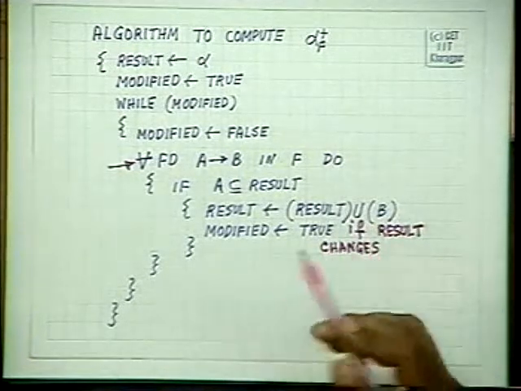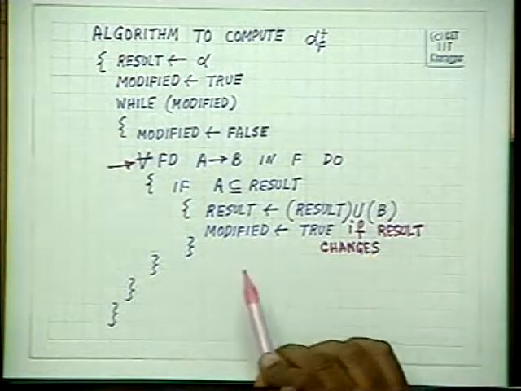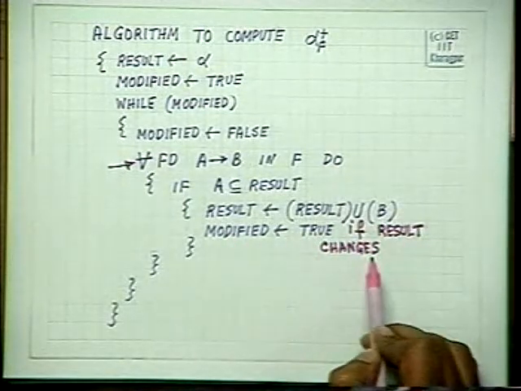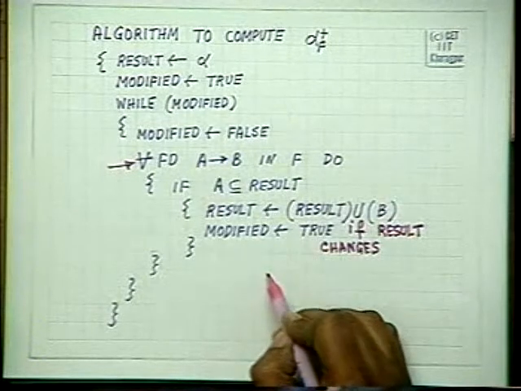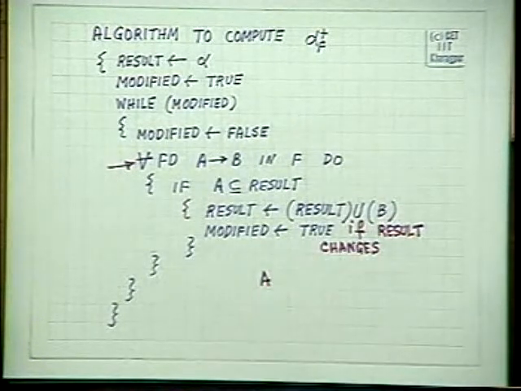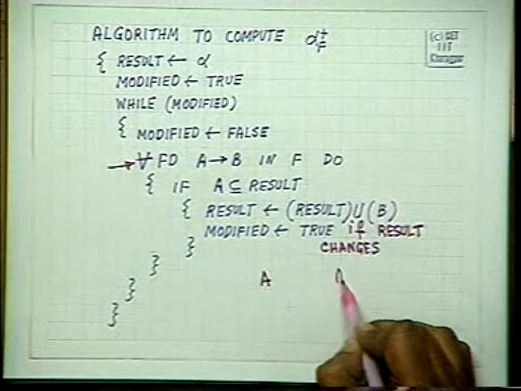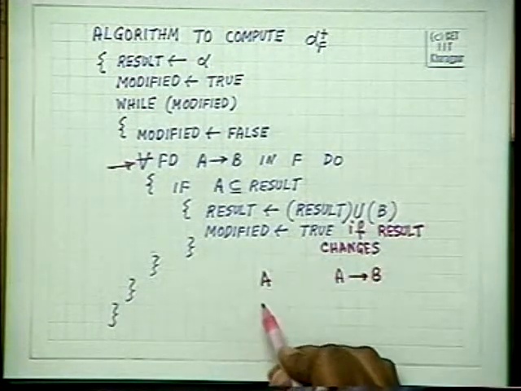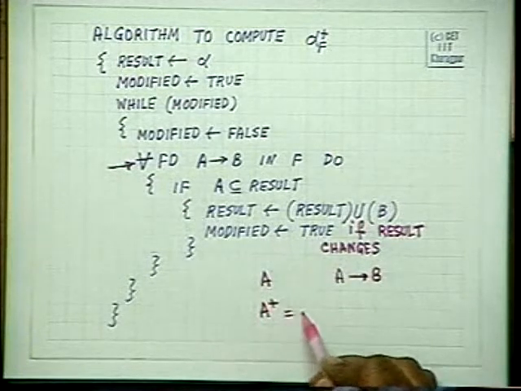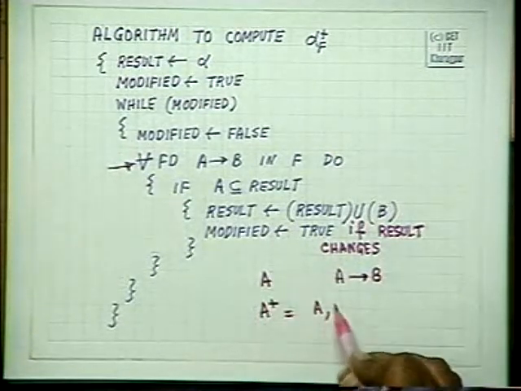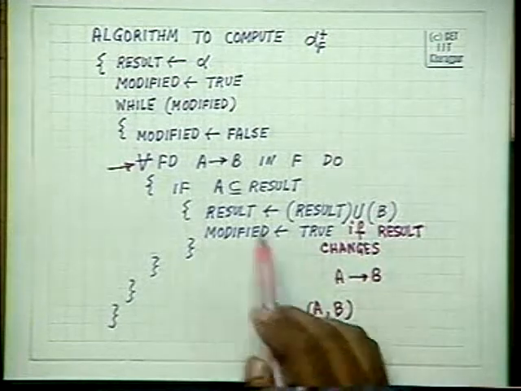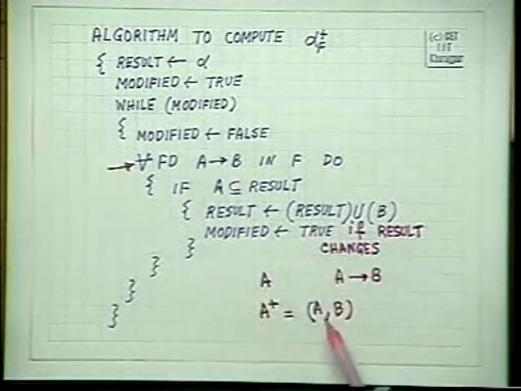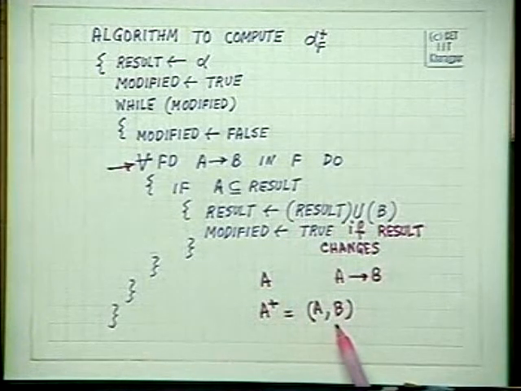That is, if the value of the attribute set changes. Because suppose this statement was not there, then what would have been the case? Suppose I had A and I had a functional dependency A to B. So in A plus, I would have put A, then I would have put B, and then this would still hold A to B, and result would add B, and nothing would happen under union.